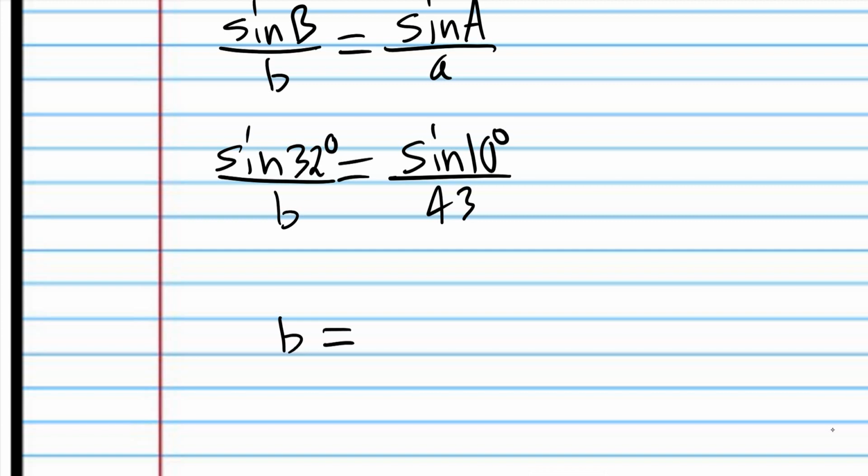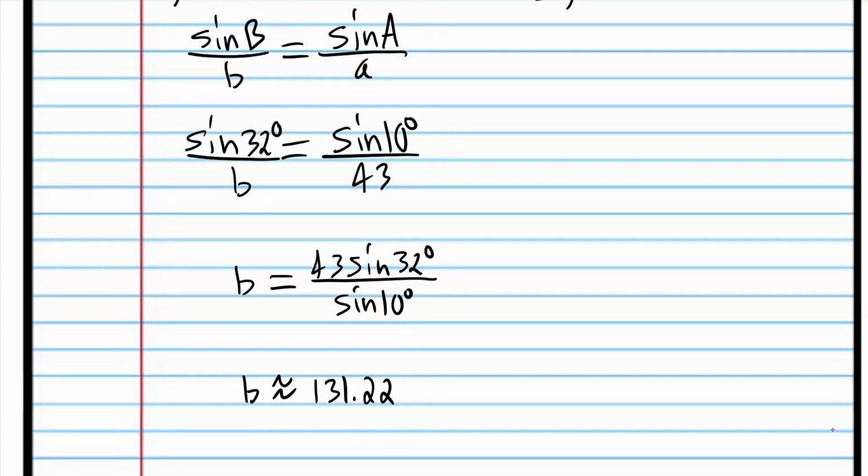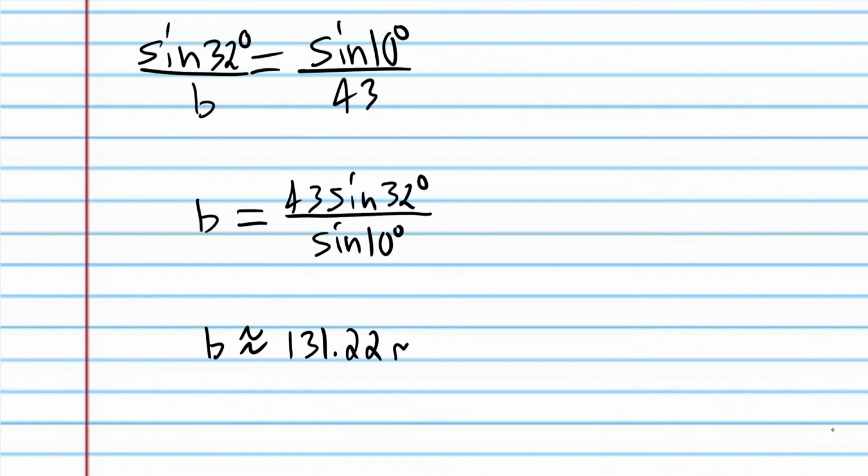So B is equal to 43 times sine 32 divided by sine 10 degrees. So now we're ready to estimate the answer with our calculator. 43 times sine 32, enter, divided by sine 10, enter, is 131.22. And the units are meters. So if you got that right, perfect.